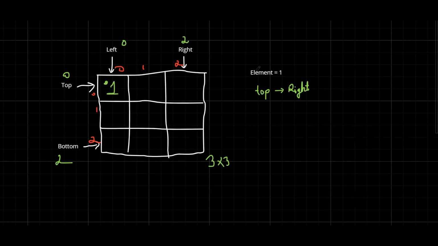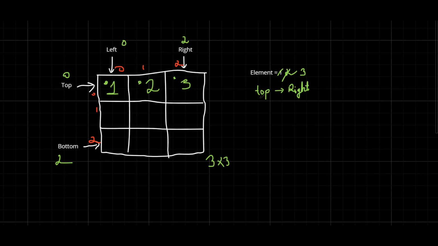Now, after adding, we have to increase the value of element. Now the element will be 2. Now we are here. We have to put 2 here. Now we increase the element to 3. Now we are here and we have to put 3 here. So we have completed iteration in the 1st row.